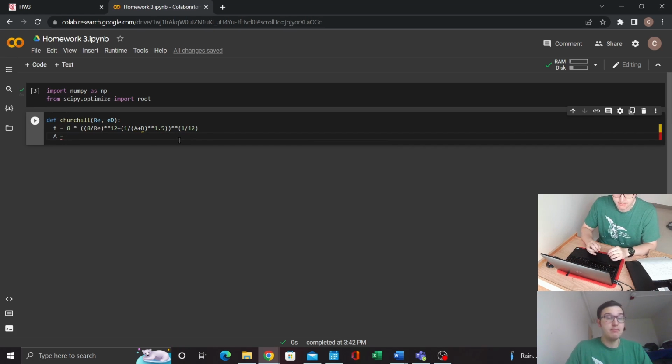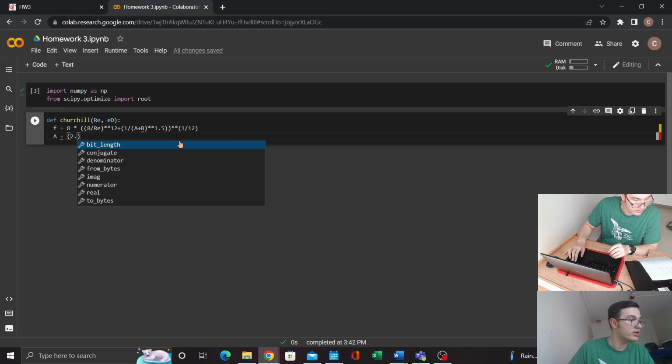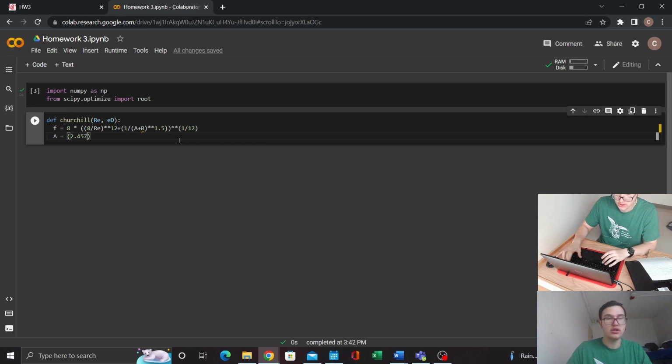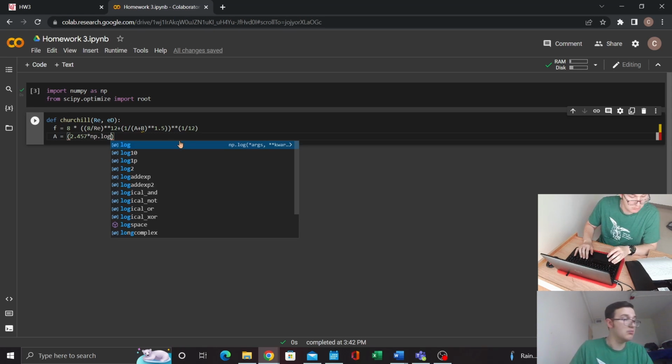We also have the expression for A. A is equal to 2.457 times numpy log. Numpy log is just the natural log. Log 10 would be a base 10 log.